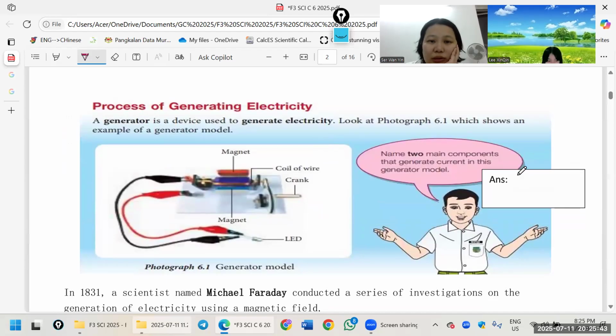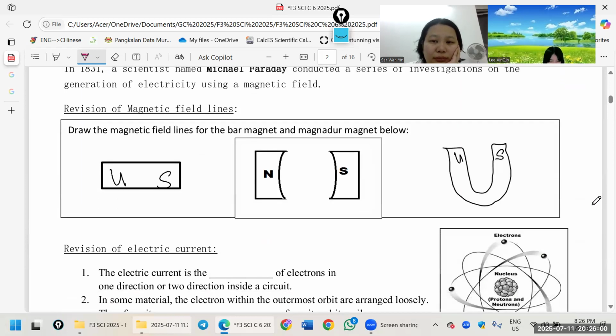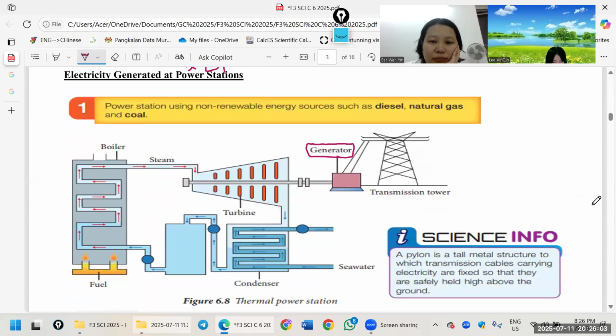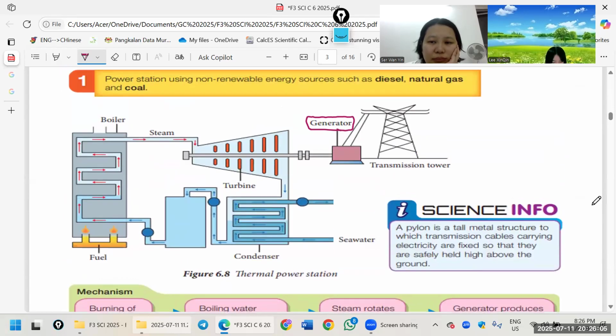Every generator got magnet and wire coil.